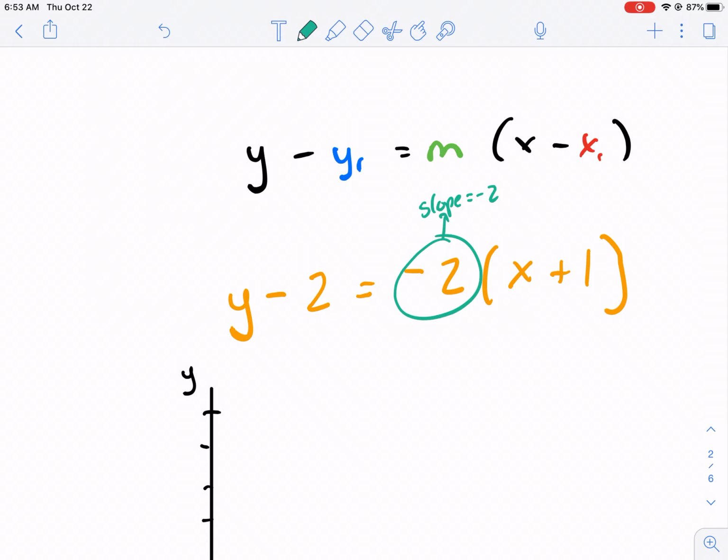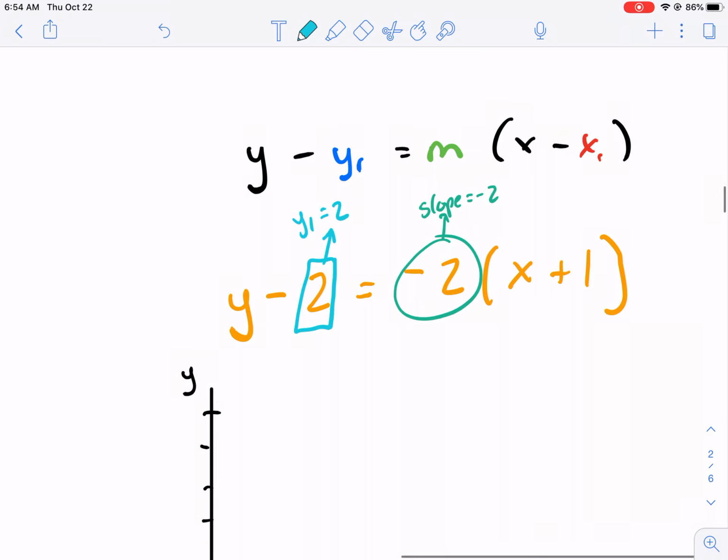Now, here's the deal. Let's start with the y. It's y minus y1. So we have y minus, and our y1 is just going to be this guy right here. y1 equals positive 2. This is the one tricky thing about point-slope form that confuses students, that it's y minus the value.